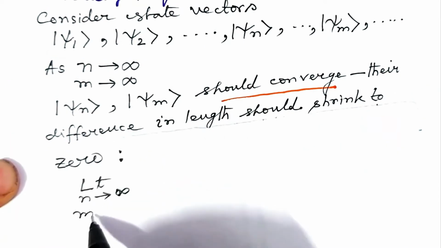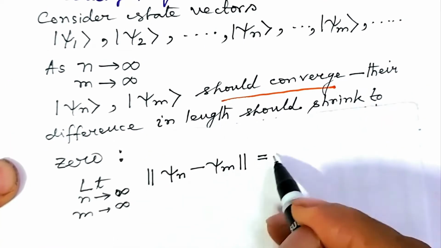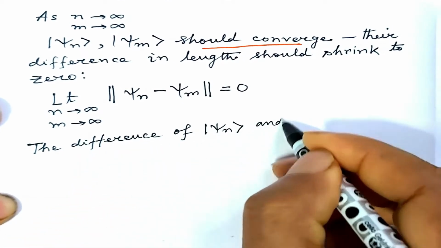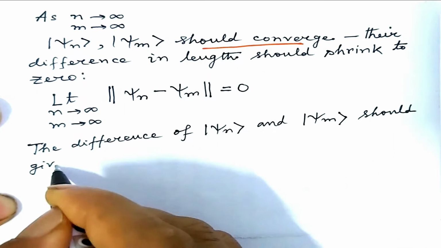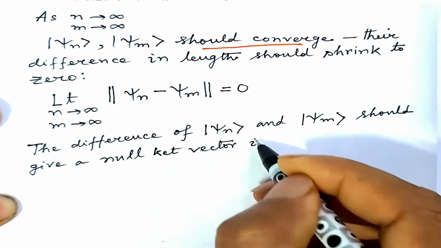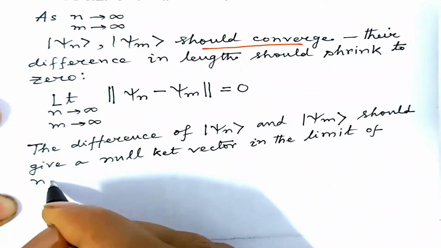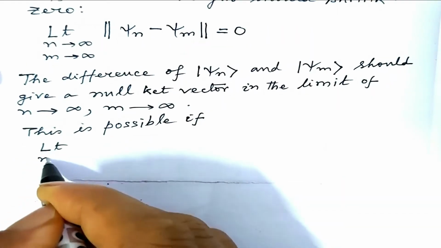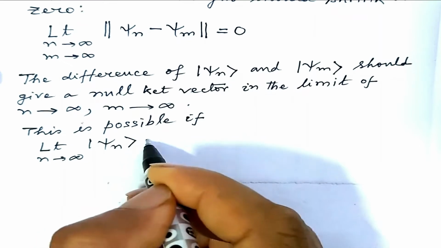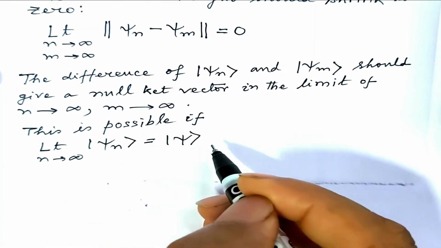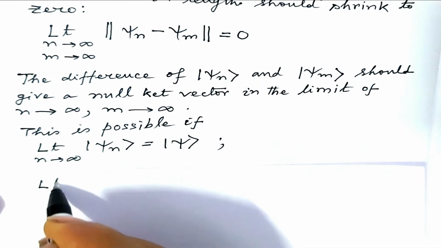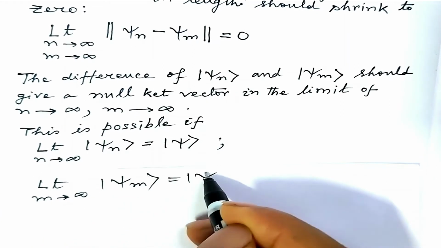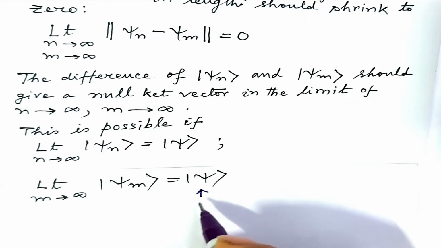This can be written as also the difference of the state vectors ket psi n and ket psi m should give a null ket vector. In the limit of infinite n and m, this is possible if for n tending to infinity, ket psi n is equal to some limiting ket psi, and for m tending to infinity, ket psi m is also equal to the same limiting ket psi.